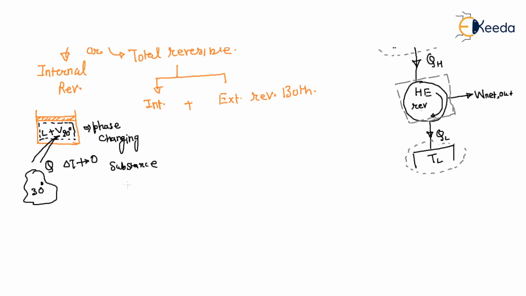So it is internally reversible. This is the first example of internal reversibility, and it is isothermal because the temperature is fixed at 20 degrees.